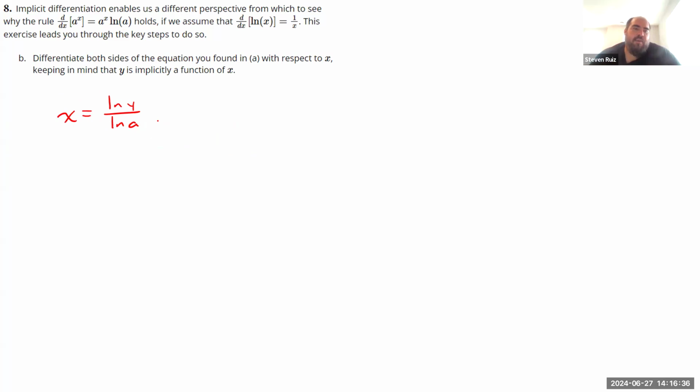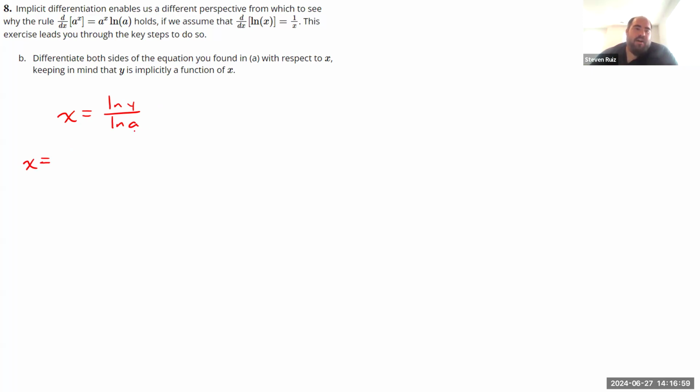To make this easier to take a derivative of, I'm going to rewrite this, because it might be tempting right now to use the quotient rule. I'm going to avoid that because the quotient rule is really powerful if you have a fraction with variable functions in both the numerator and the denominator. We don't have that right now.